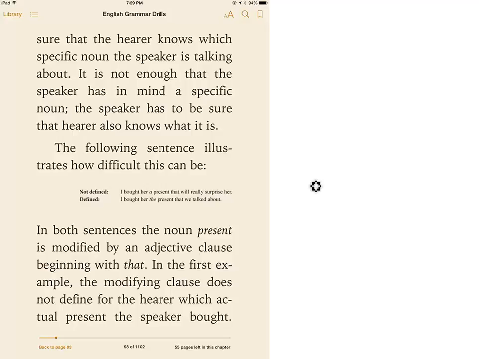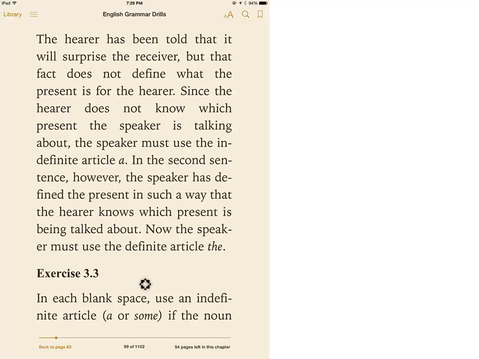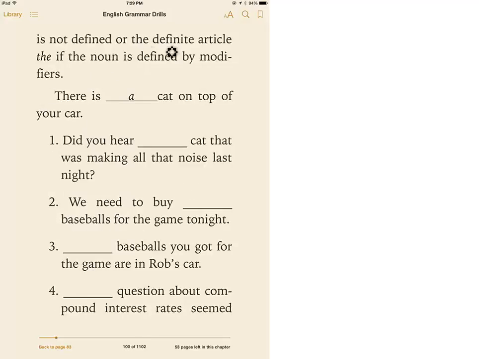But let's take a look at this and see what's expected here. It says exercise 3.3. In each blank space, use an indefinite article a or some if the noun is plural or not defined, or the definite article the if the noun is defined by modifiers. The word a, it's a little interesting. A or an always refers to one. If you have more than one, you have to use some.